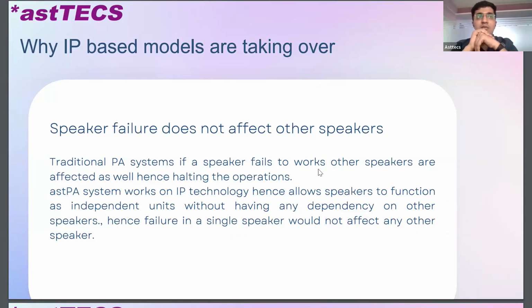In serial, when you have some sort of connection like that, or the amplifier is connected, if any of those go down, the whole system or the whole of that leg fails. In an IP-based system, if any speaker goes down, it is only the announcement to that speaker that fails. The speaker itself is automatically isolated.